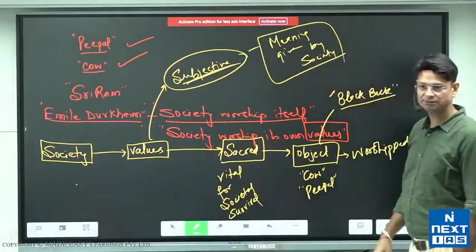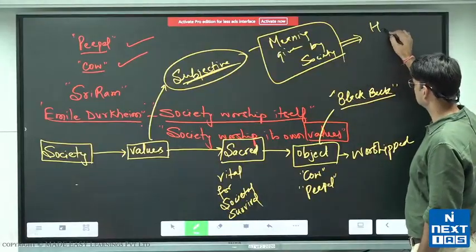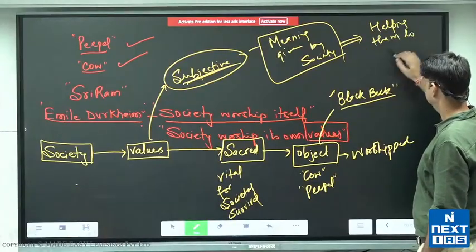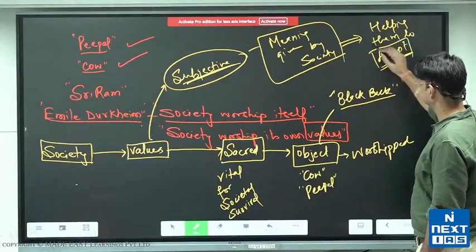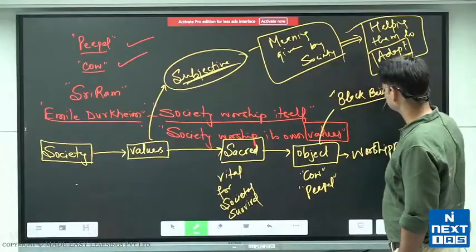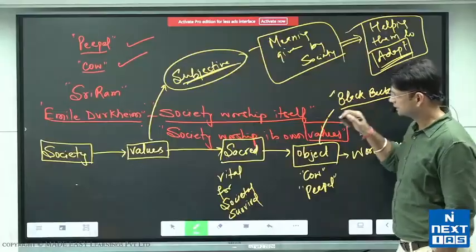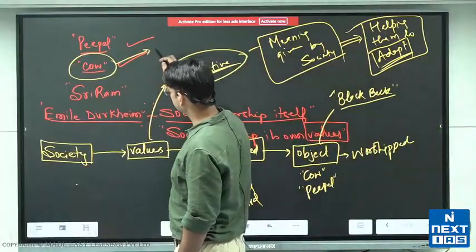Why is the meaning given by the society? It may be that it is helping them to survive, helping them to adapt to the environment. Here, I am bringing another idea. See, if there is a cow, it would give you milk.